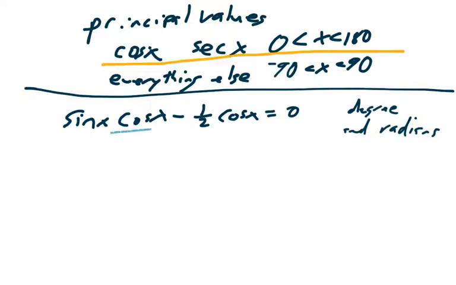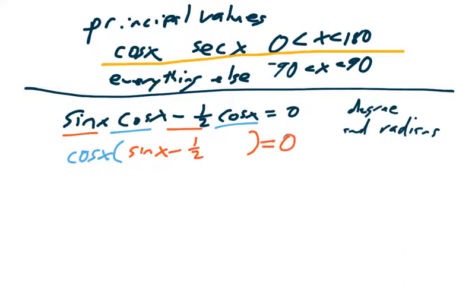Now, because they both have a cosine of x, we are going to factor that out. And so sine x minus 1/2 is left inside. That's how we would factor this, because they both had a common factor.